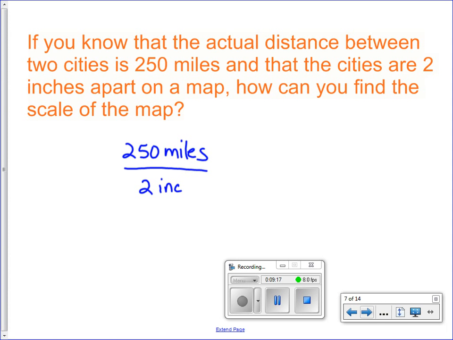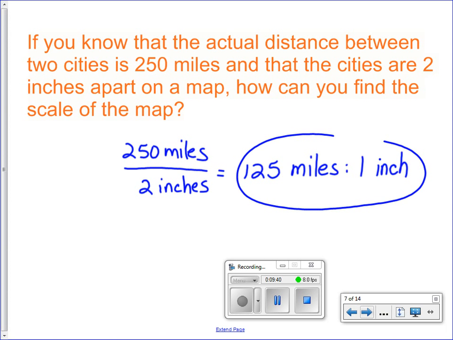So this is basically like finding the unit rate. Dividing 250 by 2, we get 125. That would be miles per 1 inch. So that is the same as 1 inch. All right, and there is our scale. Usually they'll turn it around and say 1 inch is the same as 125 miles.